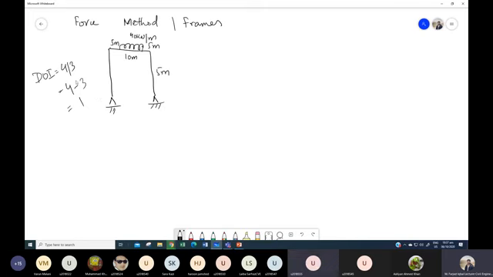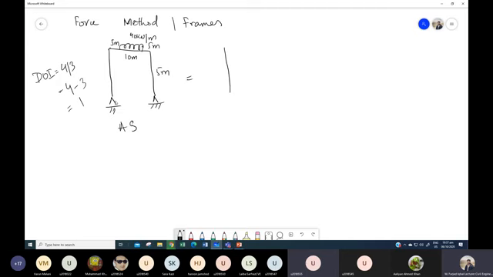So if we can remove one reaction, we can make this frame a determinate structure. So just like in the case of beams, let's call this one the actual structure and this one the primary structure.